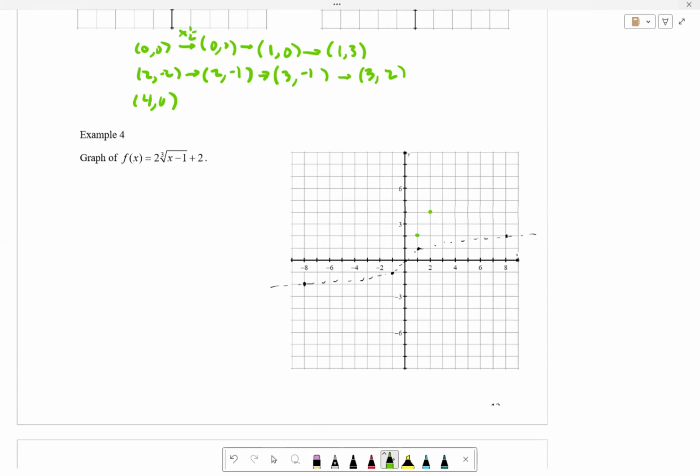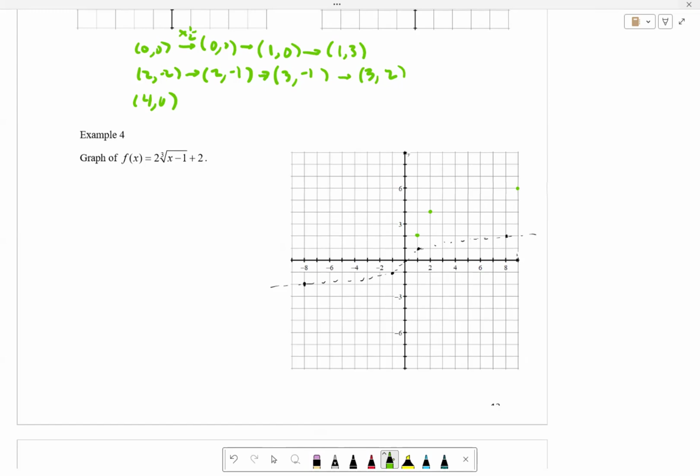So this one also doubles, so I believe it goes up 2. So it went up 2, and then it goes to the right 1 and up 2 again. Are we good there, everybody? 9, 6, is that right? Okay. So we've done the origin and the ones from the first quadrant.